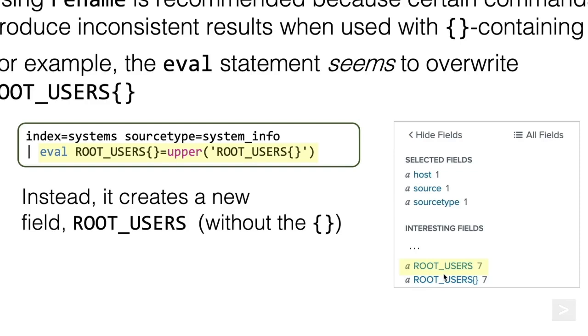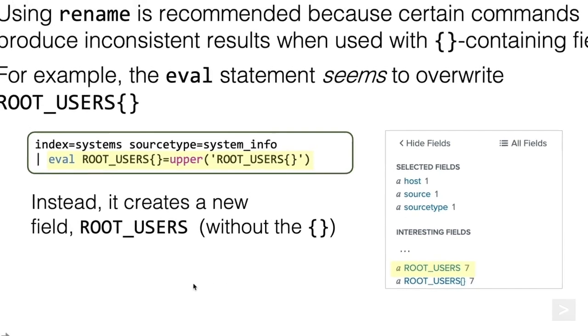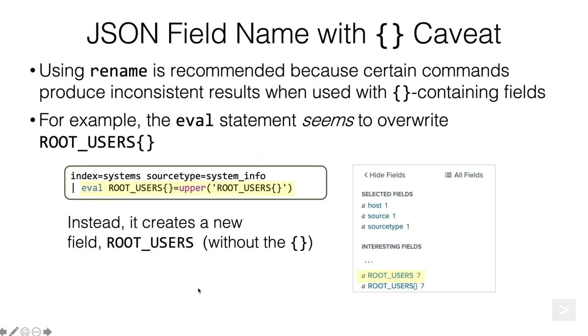We'll see that new field in the sidebar, which will contain the values of root users in all uppercase. So in this case, it will create an entirely brand new field. Best practice is to rename that field and then pass it into functions as an argument.